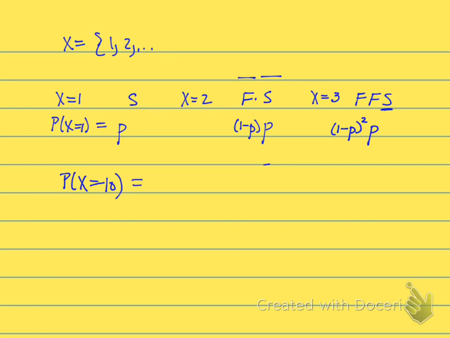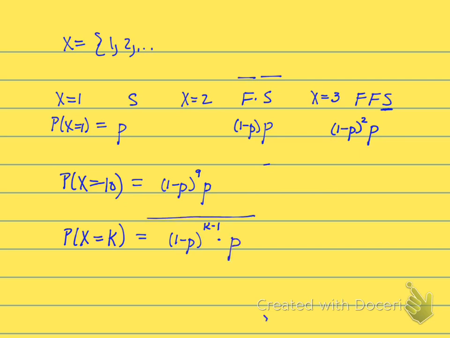Well, that means I have 9 failures, so 1 minus p to the 9th, and then the last one is success. Let's generalize. What if I say the probability x equals k? That is, it takes k trials to achieve that first success. That means I have k minus 1 failures, 1 less than k, and then the last one is a success.